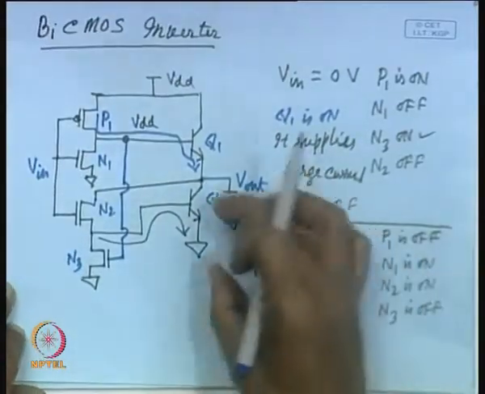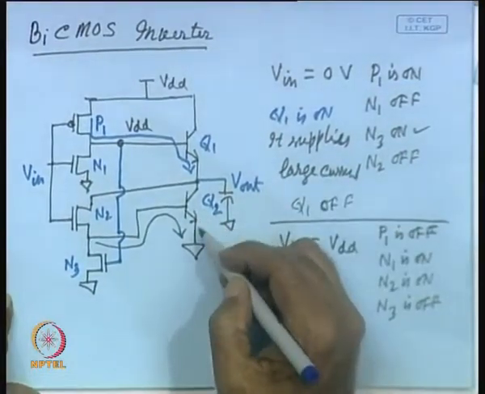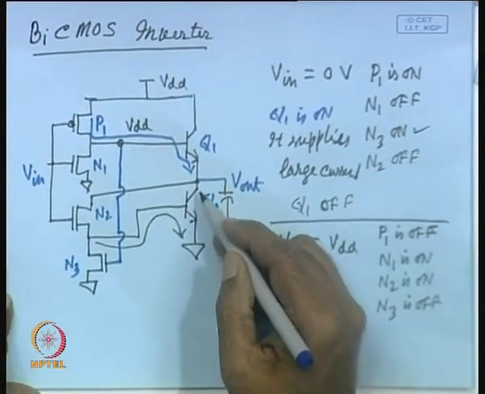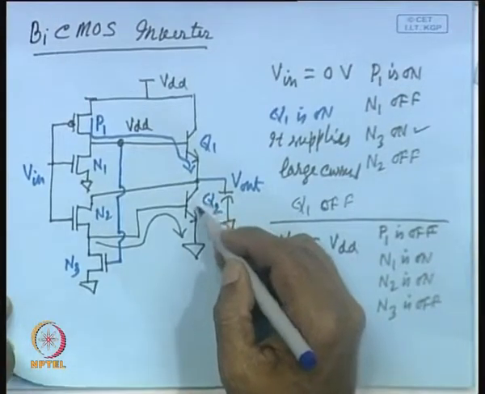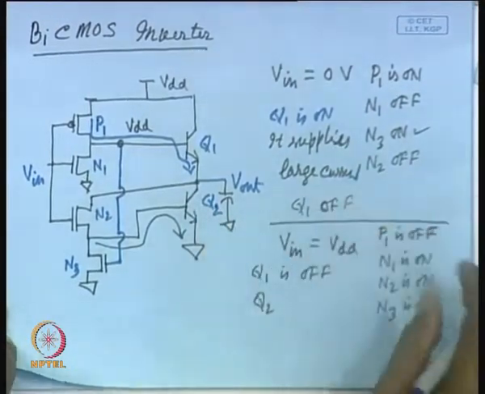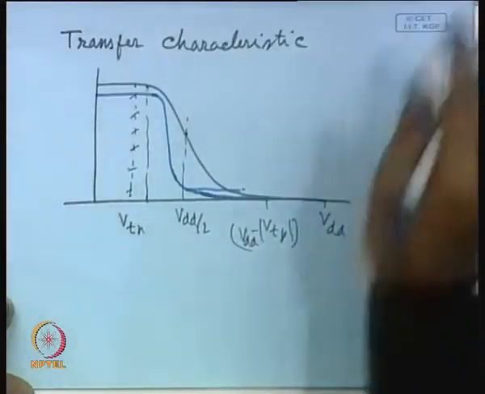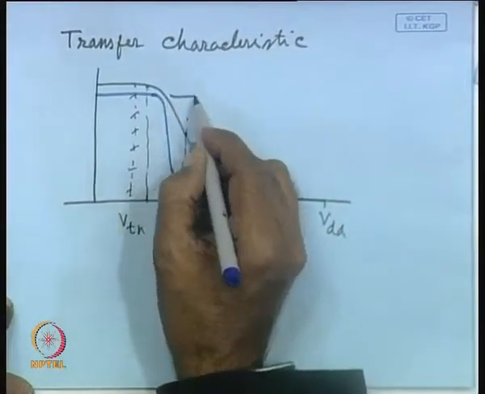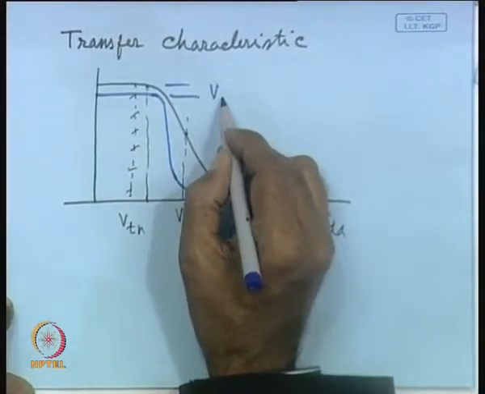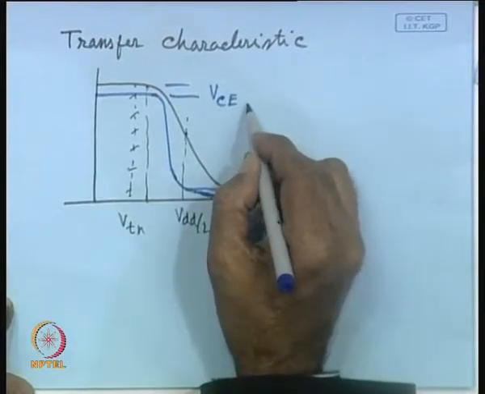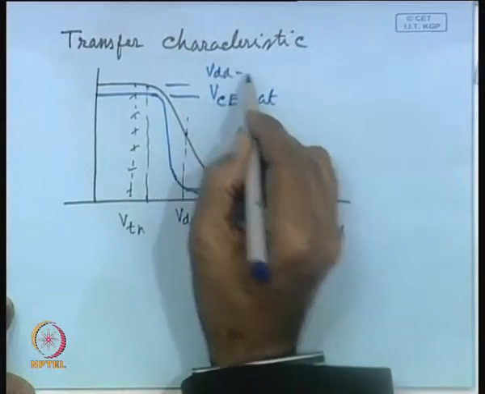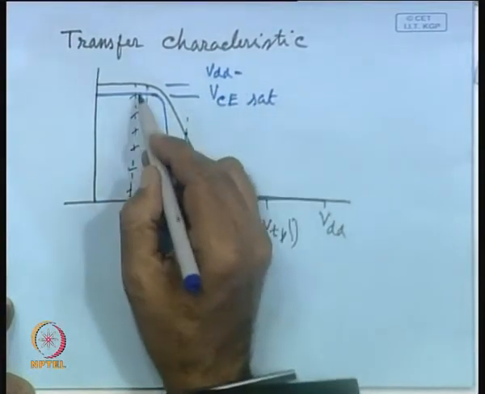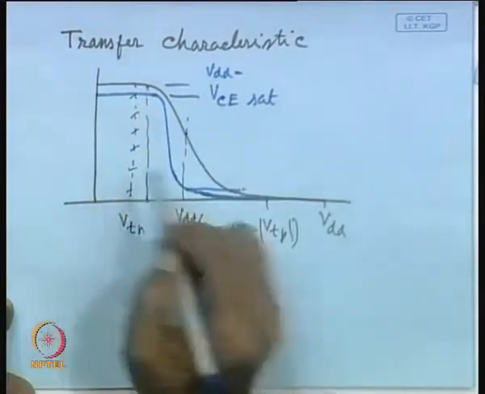Again there will be a voltage drop across this transistor, VCE, that is not 0 in the case of bipolar transistors, and as a consequence you are getting VDD minus VCE sat here, this part.